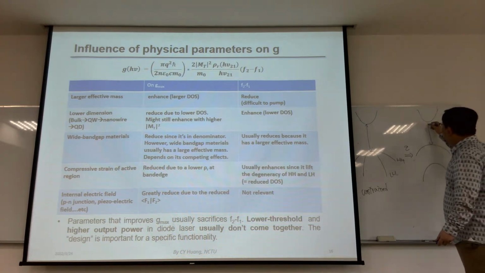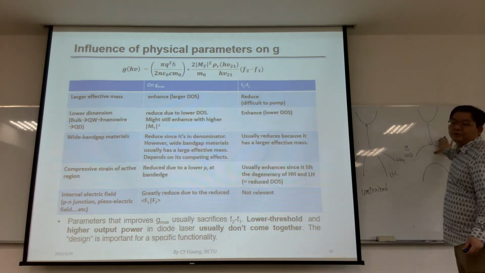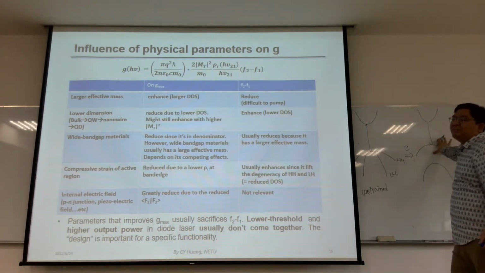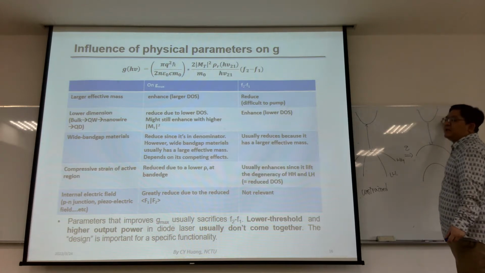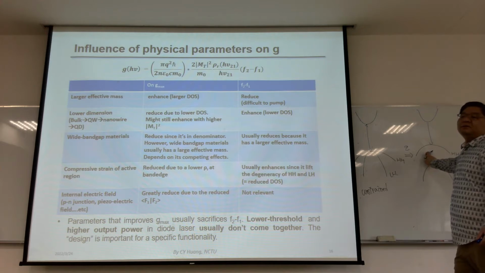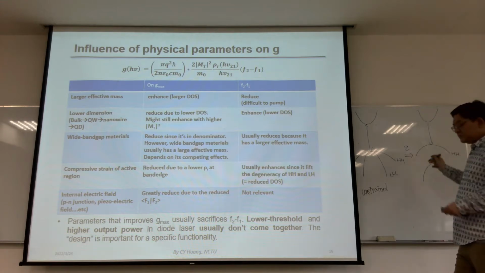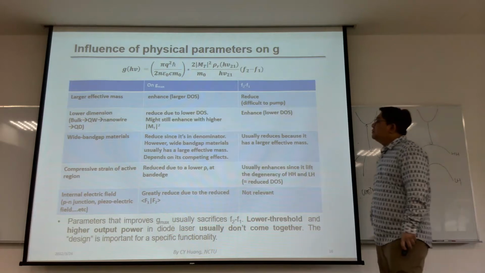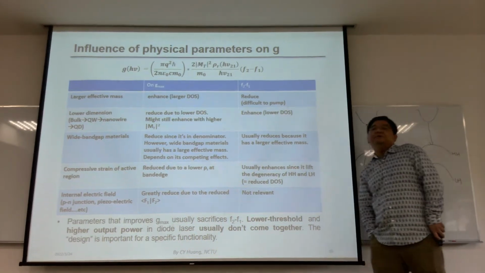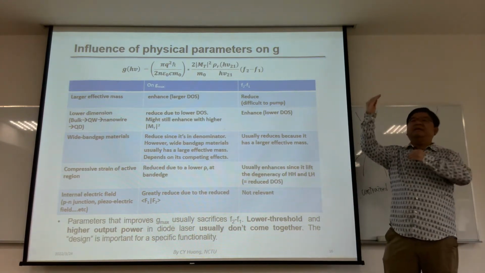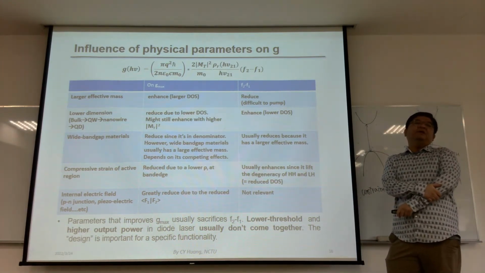So at least for the transition between the conduction band and the valence band edge, there's only one band that counts. So the density of states is reduced a lot. Less density of states at the band edge means a higher F2 minus F1. It's easier to make the Fermi levels separate that high.